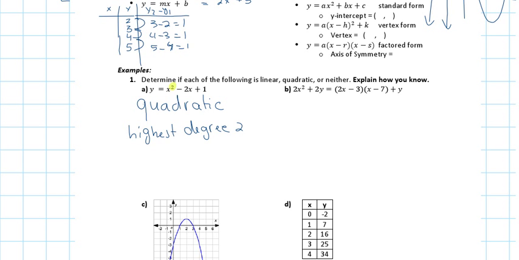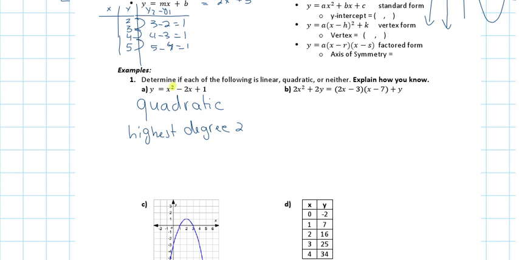Expand the brackets? No, not factoring. FOIL. That's right. So you want to put all the x terms on one side and you want to put the y terms on the other side. Okay? To put the x terms on one side, I can't do it unless I get rid of these brackets. To get rid of these brackets, I have to FOIL.